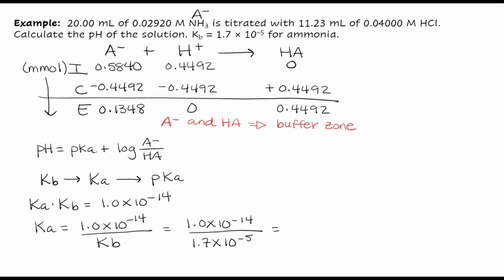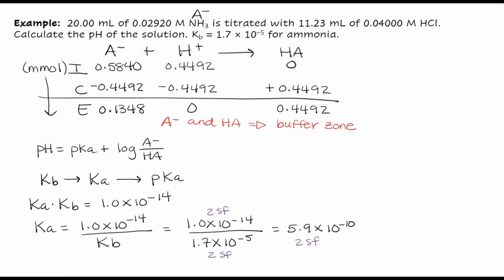Looking at sig figs, we have 2 sig figs in each value, so our Ka will be rounded to 2 sig figs. Doing the math, that gives us 5.9 times 10 to the negative 10.